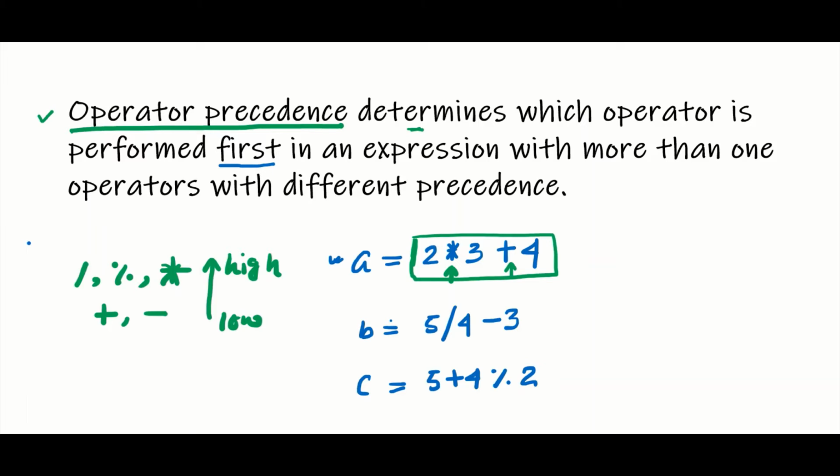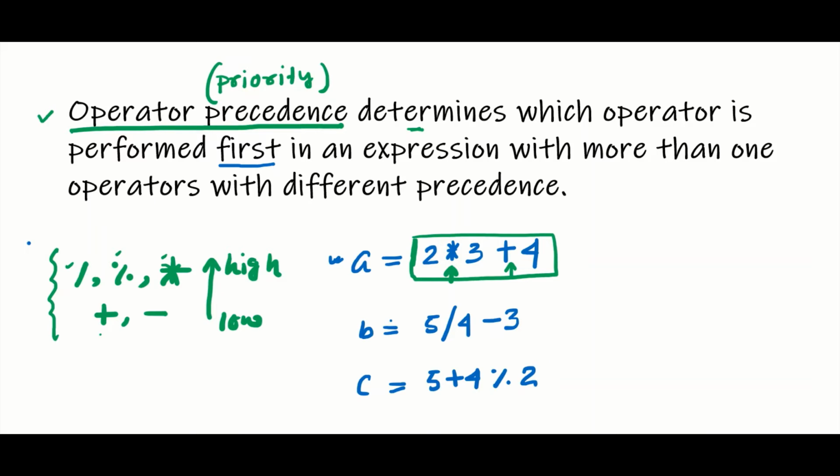This list is called the operator precedence table. We have discussed 5 arithmetic operators. Out of these 5, division, modulus, and multiplication are equal in precedence, or we can also call it priority. Similarly, plus and minus are also equal in priority.